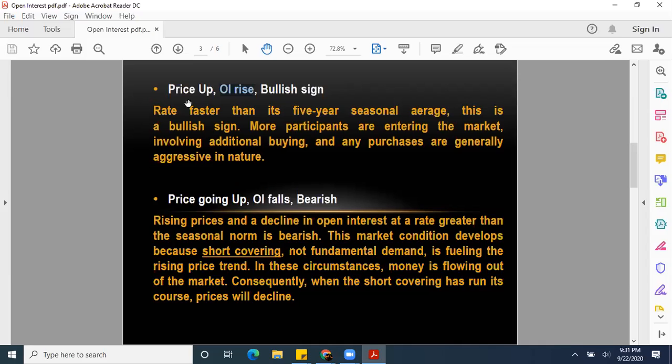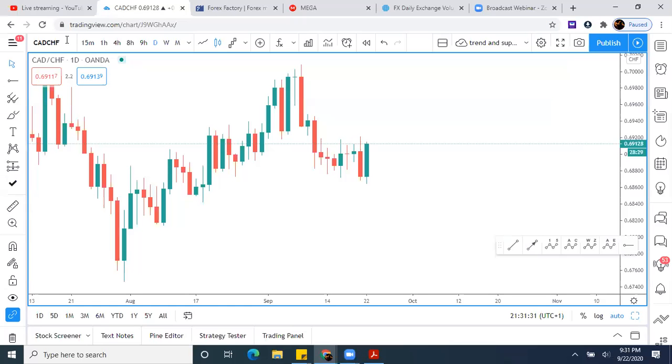So when price is going up, we'll come to our chart. Let's look at GBP CAD, for instance.